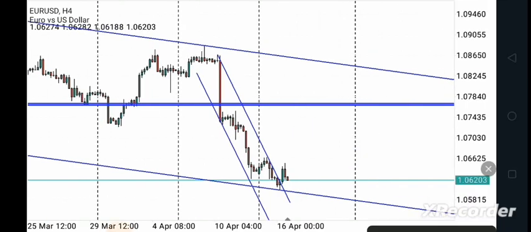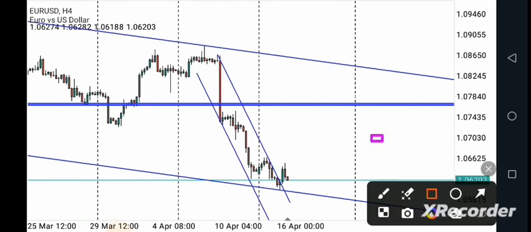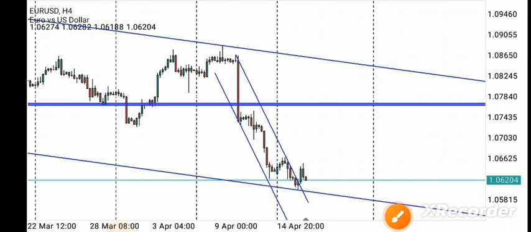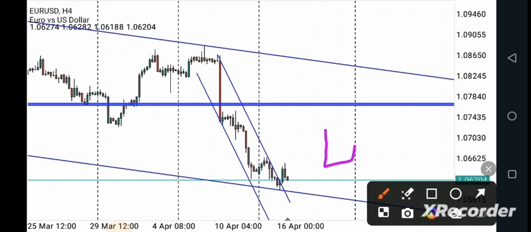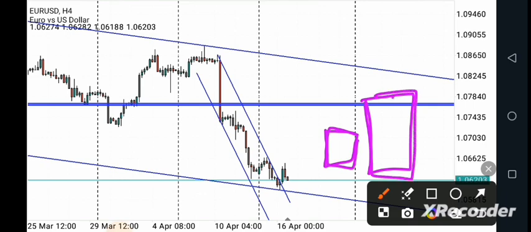Or I want to see price giving me a pin bar of sorts, right? Or I want to see the market giving me a bearish engulfing candlestick pattern, where this one would be bullish and this one would be bearish, right?